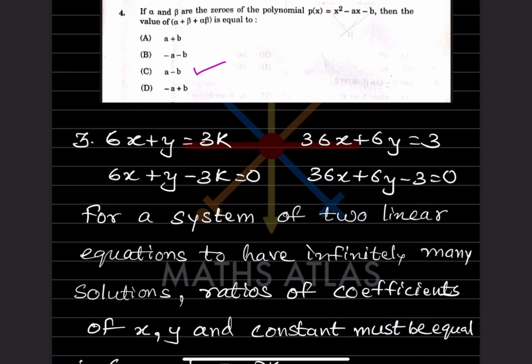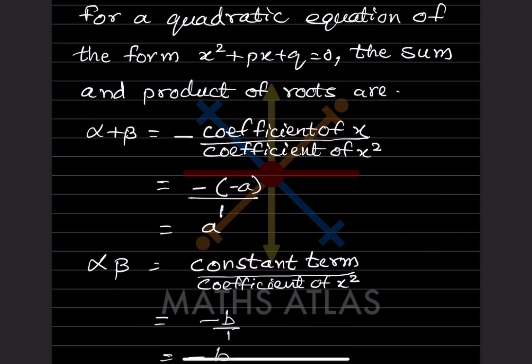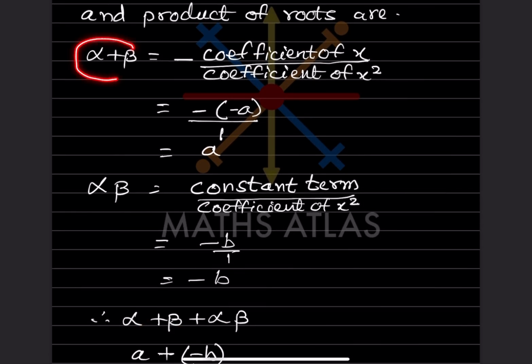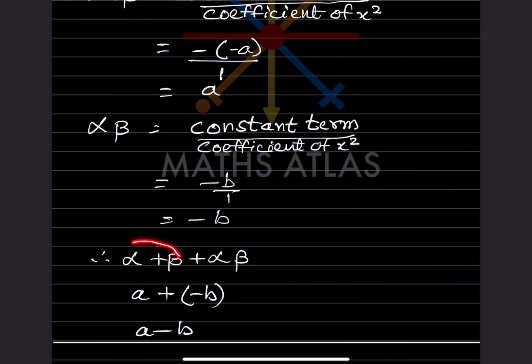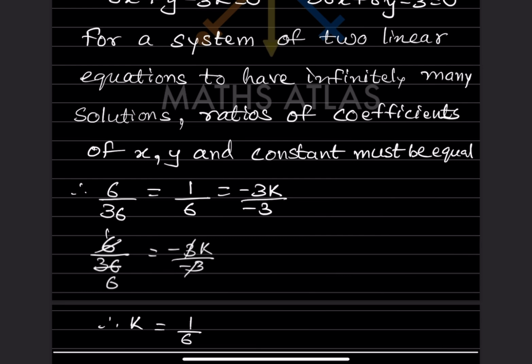So here what they have said is that we have to find the value of alpha plus beta plus alpha beta. So now you know alpha plus beta, we got this as a. So for this one we can write a, and alpha beta we got as minus b. So plus minus becomes minus. So the answer is a minus b. So that is a minus b.